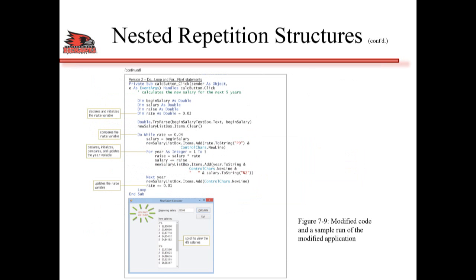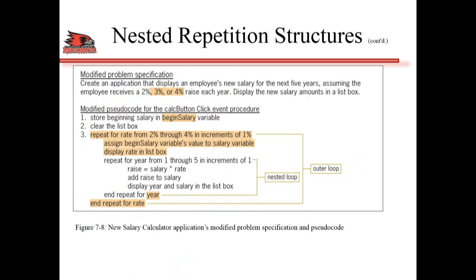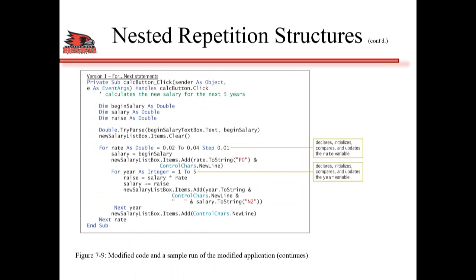At the bottom, you see the user has entered a number, and for that he has gotten all his salaries for different increment rates. So how do we do that? Using nested loops, of course. You'll see here there are two for loops.